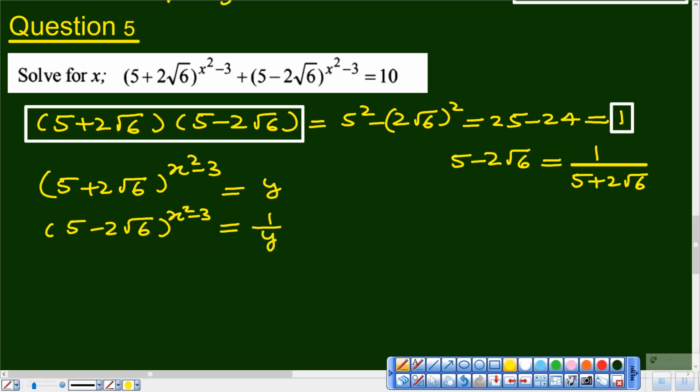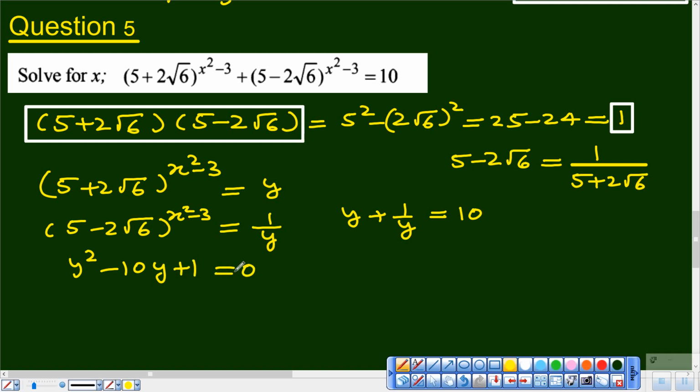Dear friends, that means my quadratic equation becomes y plus 1 by y is equal to 10, which is nothing but y square minus 10y plus 1 is equal to 0. What are the solutions for this equation?